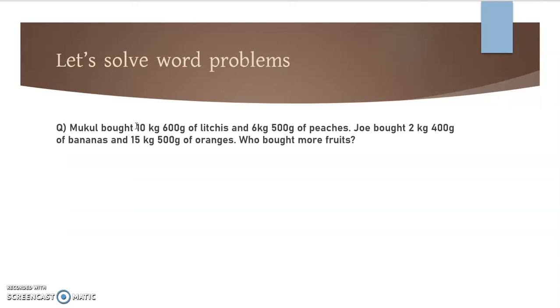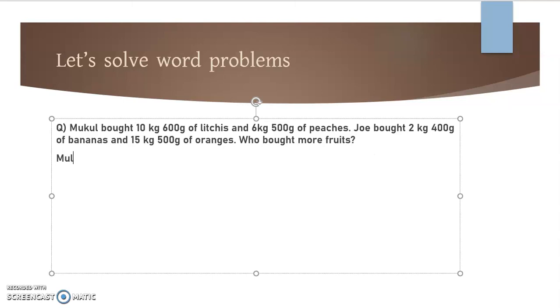Okay, let's solve a few word problems. Our friend Mukul buys 10 kg, we'll represent this in kgs, 10 kgs plus 600 gram, 10.6 kilos of lychees, as well as 6.5.